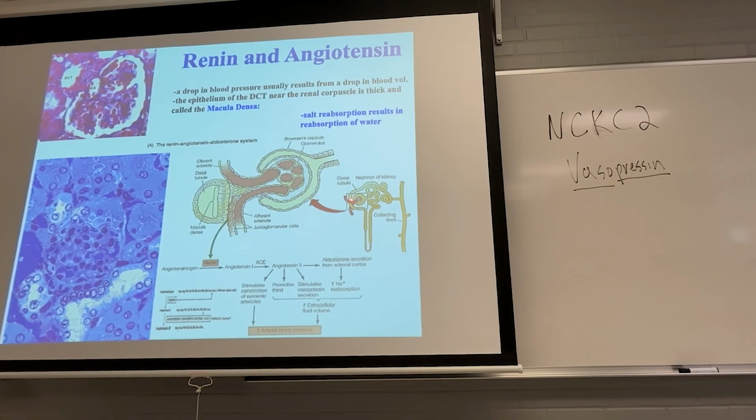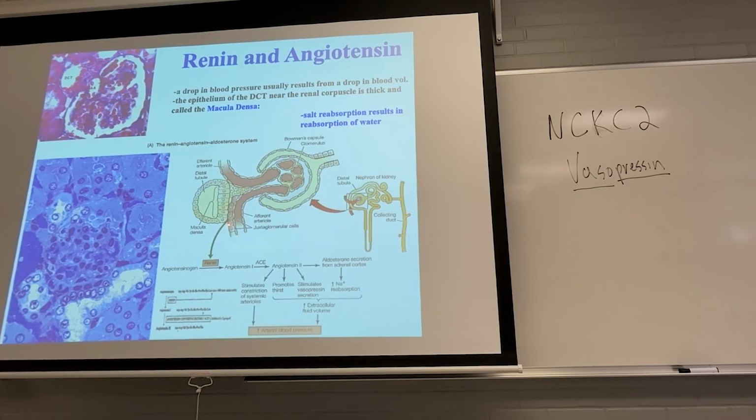And so if you were to take a cross section right here and to actually get a DCT in proper section, it would look like this. Here's your distal convoluted tubule coming at you, right? It's between both blood vessels, afferent and efferent, and is basically sandwiched here where you have some cells outside of the two blood vessels. All right, and these cells, you can see they run this way.